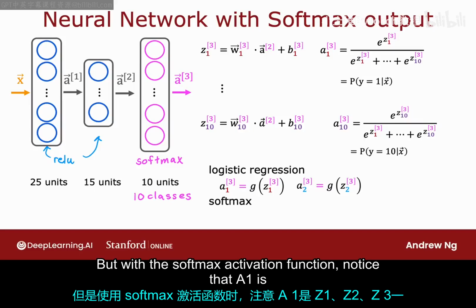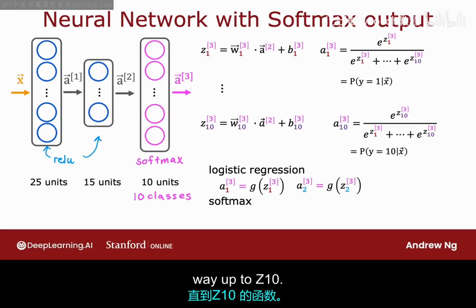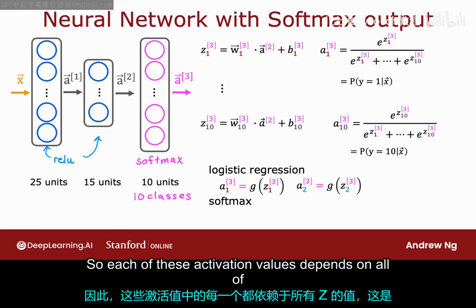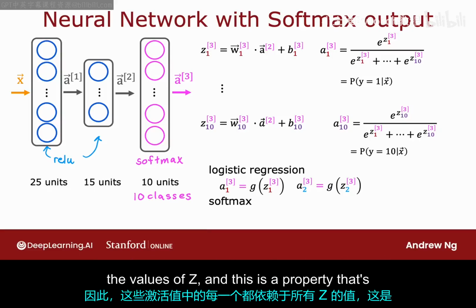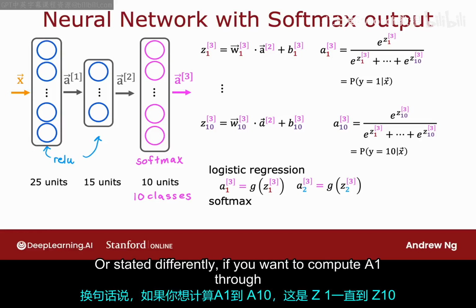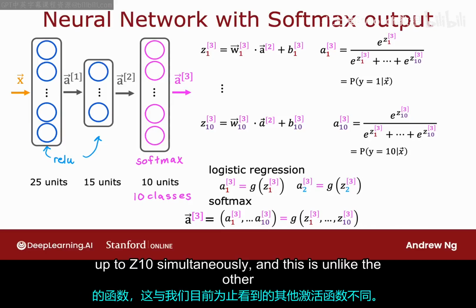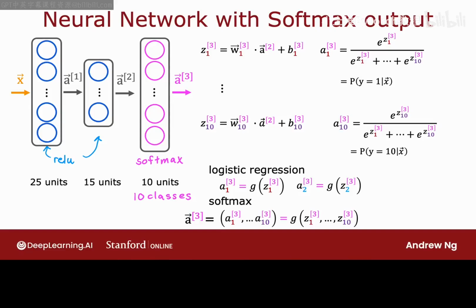But with the softmax activation function, notice that A1 is a function of Z1 and Z2 and Z3 all the way up to Z10. So each of these activation values depends on all of the values of Z. And this is a property that's a bit unique to the softmax output or the softmax activation function. Or stated differently, if you want to compute A1 through A10, that is a function of Z1 all the way up to Z10 simultaneously. And this is unlike the other activation functions we've seen so far.